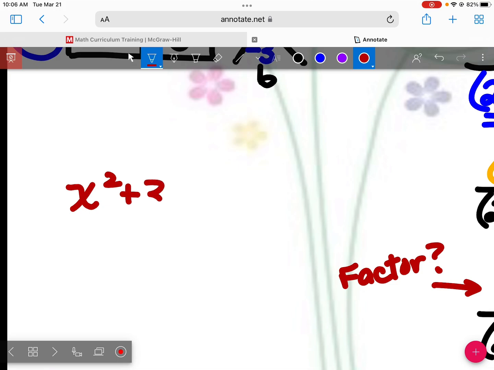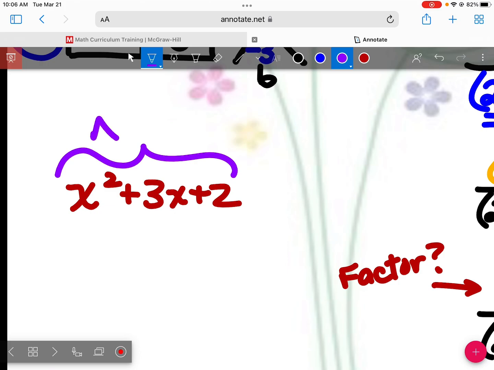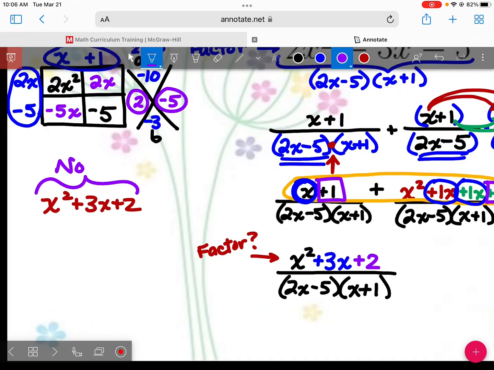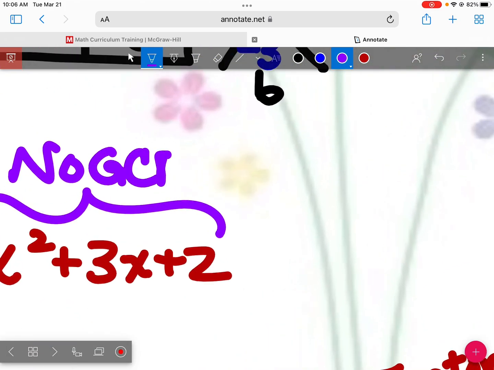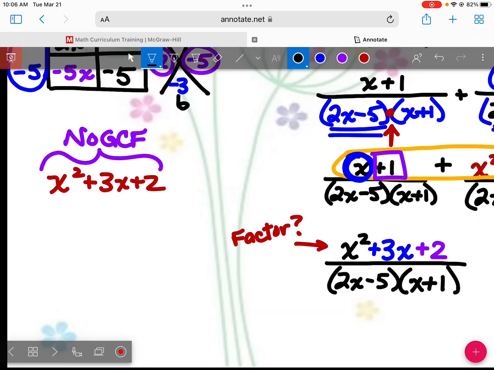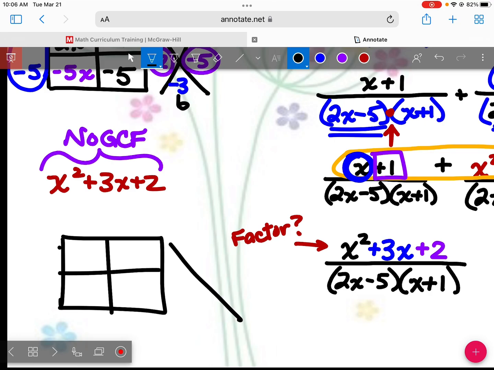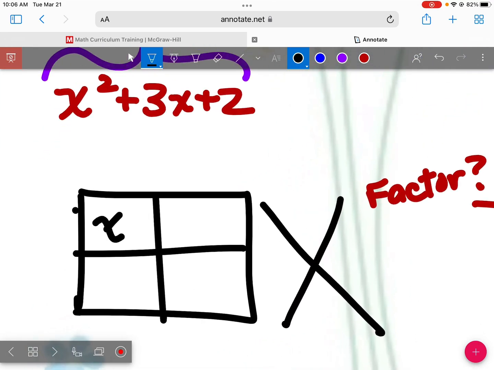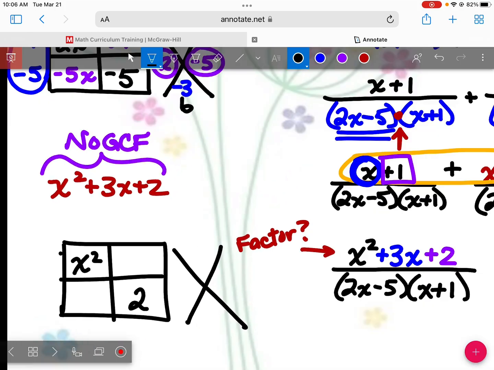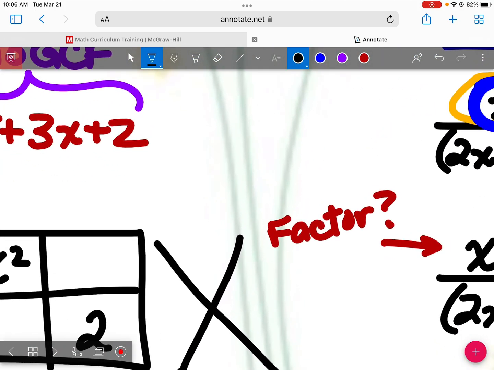X squared plus 3x plus 2 has no GCF. Well, we're going to find out. So I'm going to draw my area model and my x. X squared goes here, 2 goes here. What do I put up on top of the x?